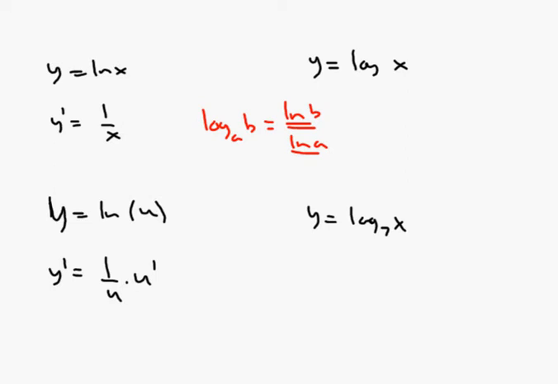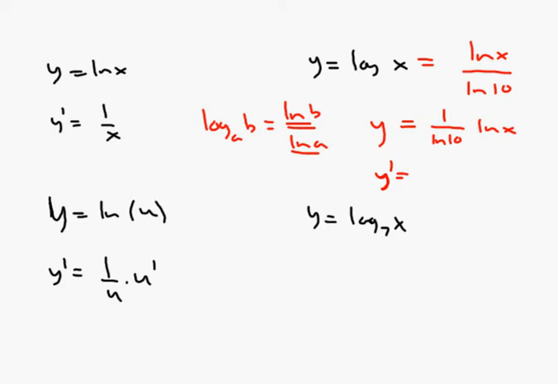What you do is you rewrite log of x in change of base formula. You write it as the ln of x over the ln of the base, which in this case is 10. Okay? So I can think of this as a coefficient, 1 over the ln of 10, natural log of 10, times the ln of x. And then the derivative becomes more clear now, because when you go to take the derivative, we've got a number multiplied by a function.